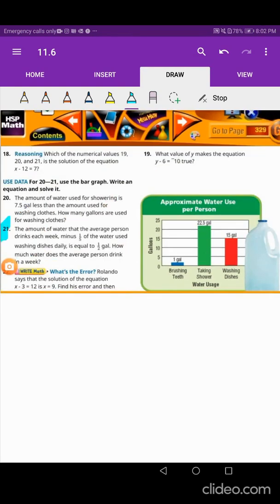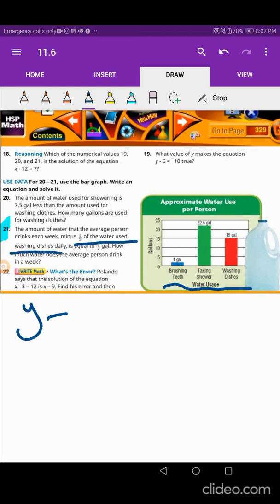Let's move now to question number 21. The amount of water that the average person drinks each day. Do you know it? Is it given over here on the table? No, it's not. So we can say y minus 1 over 5 of water used for washing dishes daily.